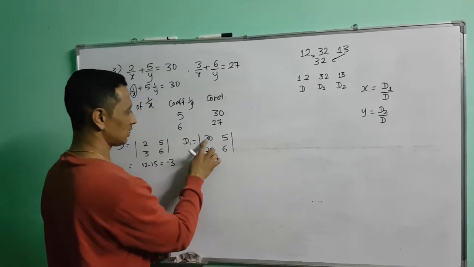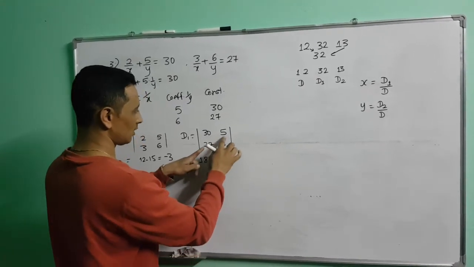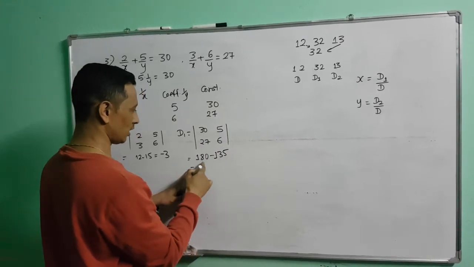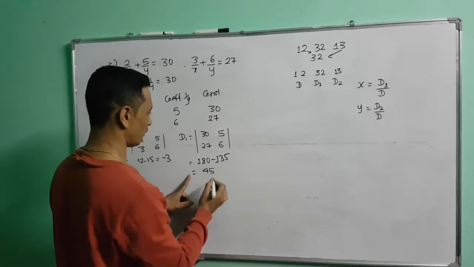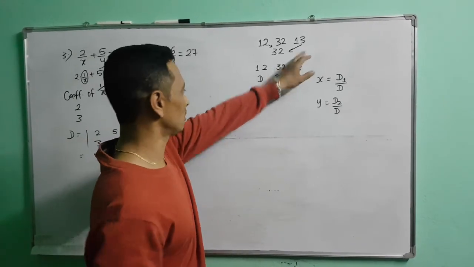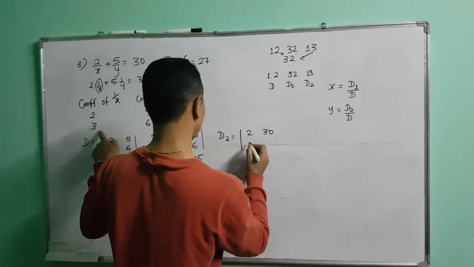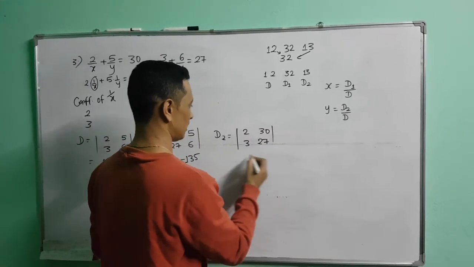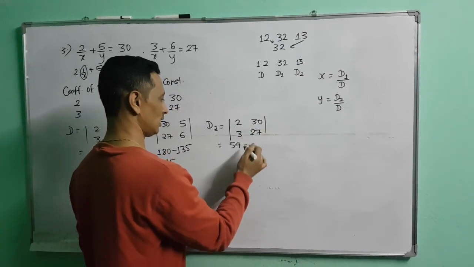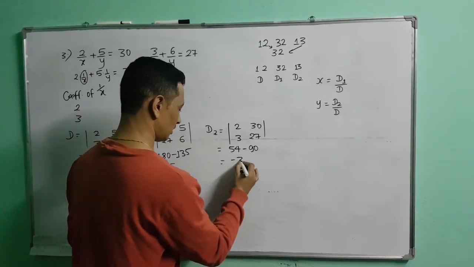This equals to 30 into 6 is 180, minus 27 into 5 is 135, and it gives 180 minus 135 equals to 45. And D2 equals to the determinant of the first and third columns, that is 2, 30, 3, 27. It gives you 2 into 27, 54, minus 30 into 3 is 90, and it gives you minus 36.